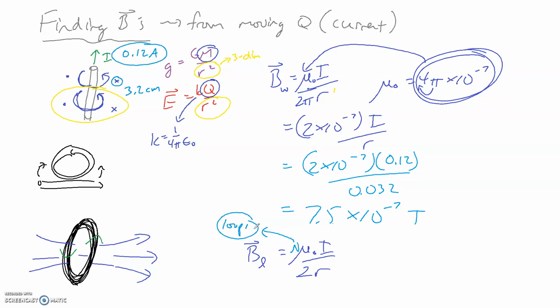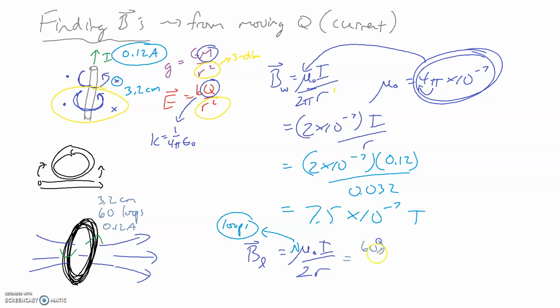So again, let's do something really simple. Let's take this guy over here. Suppose we've got 60 loops, and again 0.12 amps. And let's say the radius is 3.2 centimeters. We'll just use the same values as up on top. Now for this, it's a little bit different because we don't have the canceling out shortcut version. But we've got the n value, that's 60.